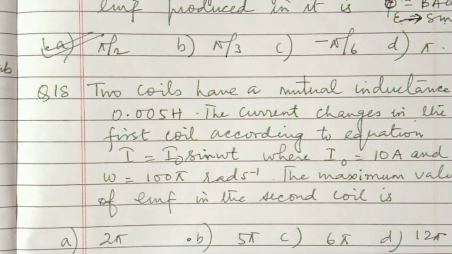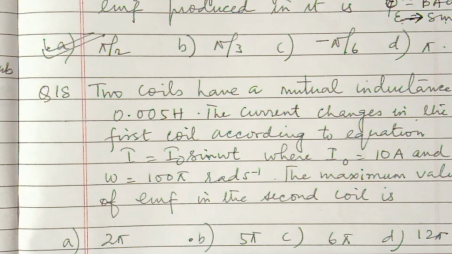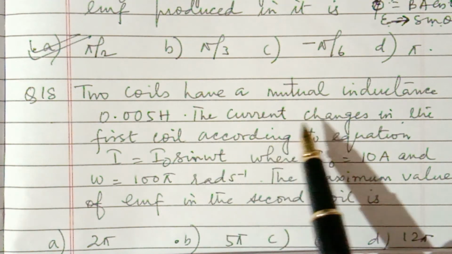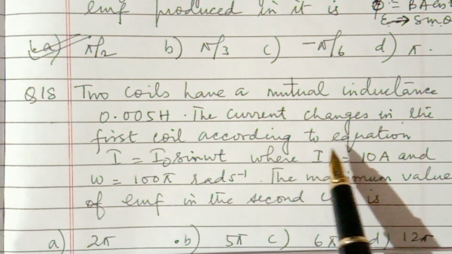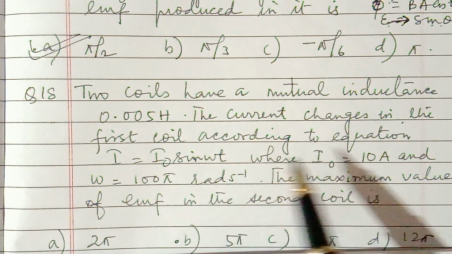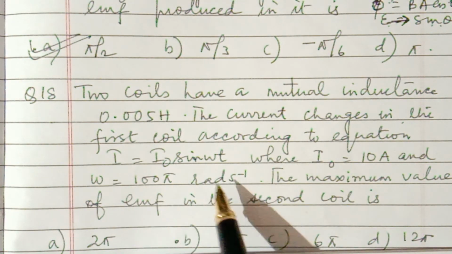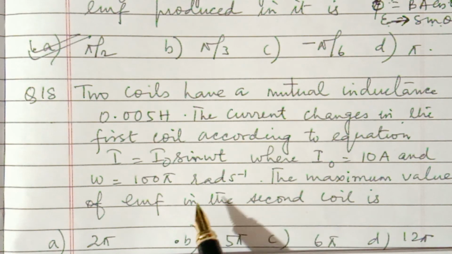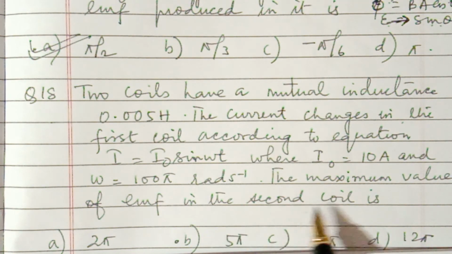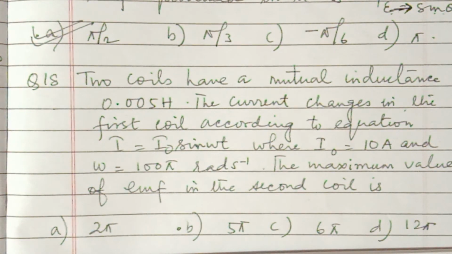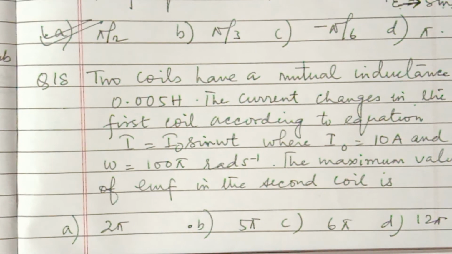Next one, last question. Two coils have a mutual inductance 0.005 Henry. The current changes in the first coil according to the equation given, where I naught is 10 ampere and omega is 100 pi radian per second. The maximum value of EMF in the second coil is 2 pi, 5 pi, 6 pi or 12 pi.